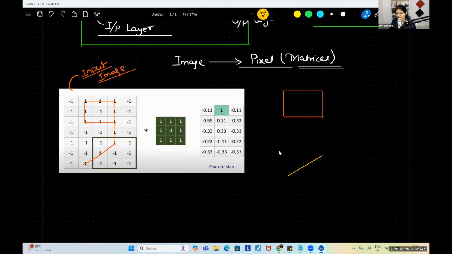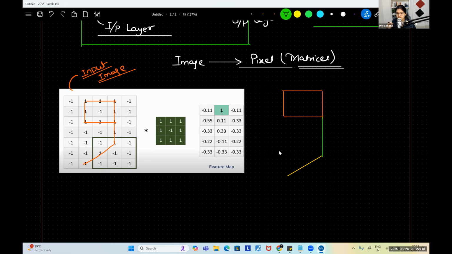Now, if my model is able to capture these three things, the square, the straight line, and the diagonal line, then will that model be able to help me understand that this image belongs to 9? Can we say that this is 9? Internally, this is not 0, not 1, not 2, not 3, 4, 5, 6, 7, 8.